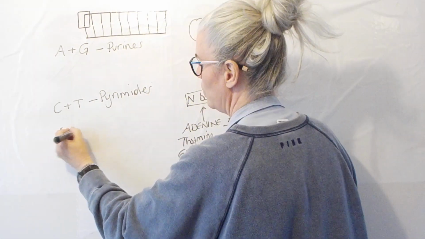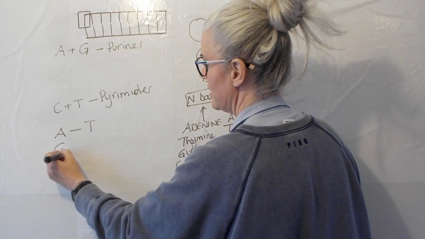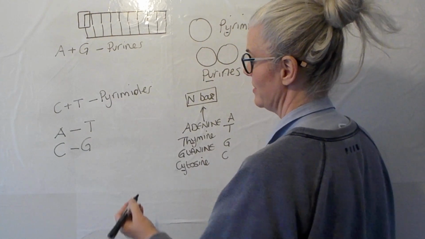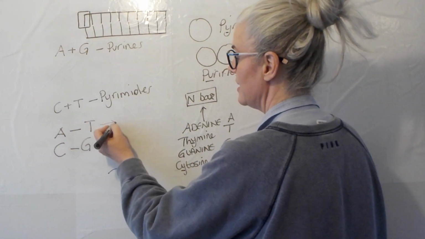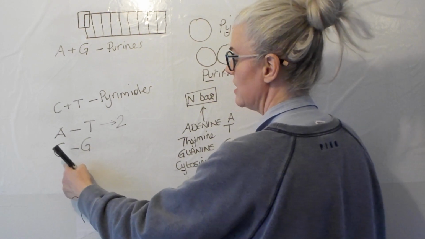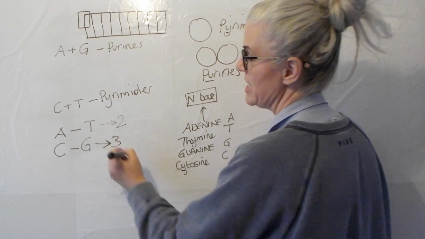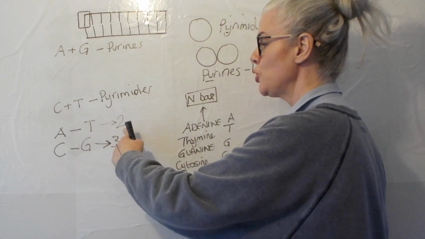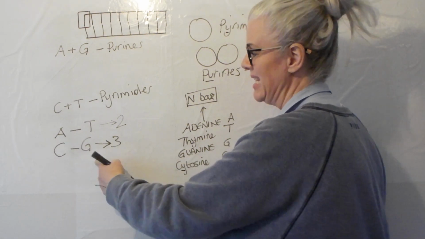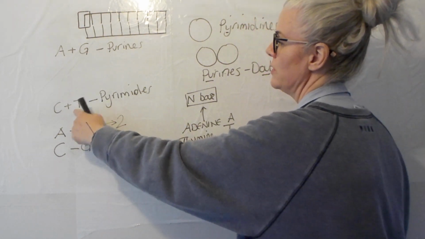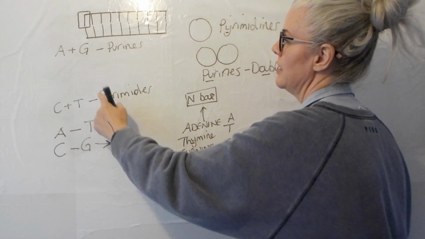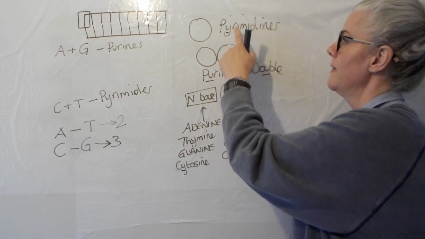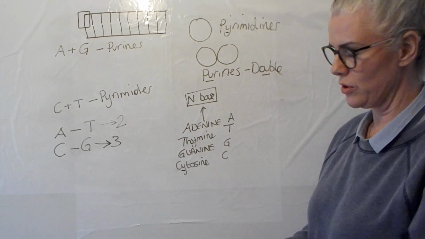A always pairs with T, and C always pairs with G. The other thing you need to know is how many bonds. So A to T is 2, C to G is 3. I've said that deliberately. So A to T is 2, C to G is 3. And so the ones with the Y's in are the pyrimidines, the others are the purines. The purines are the double structures, the pyrimidines are the single ring structures.